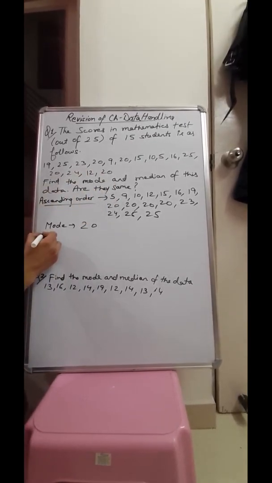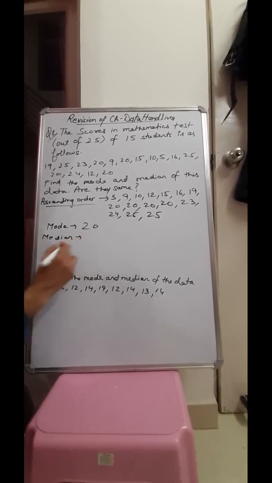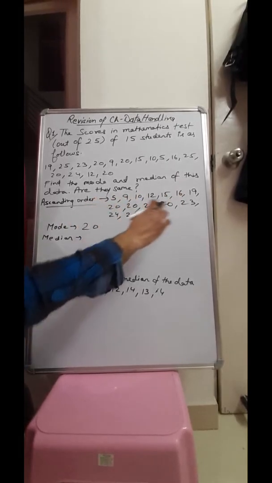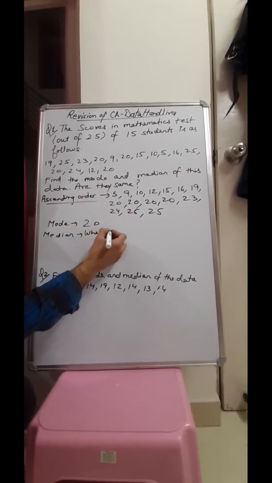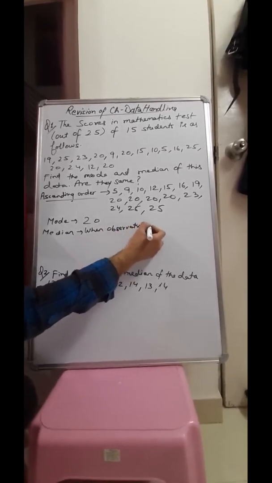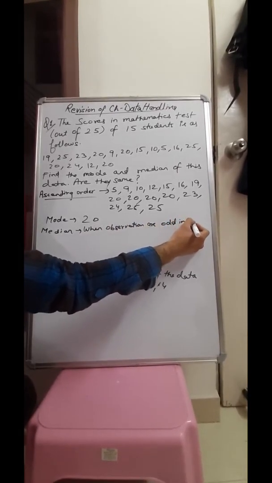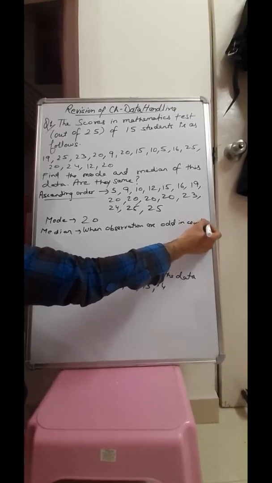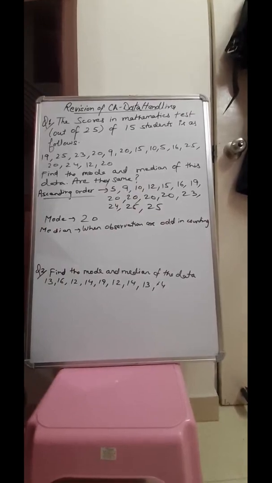And next we have to find out our median. Here we can see that when observations are odd in counting, these observations are 15. So that means 15 is an odd number.